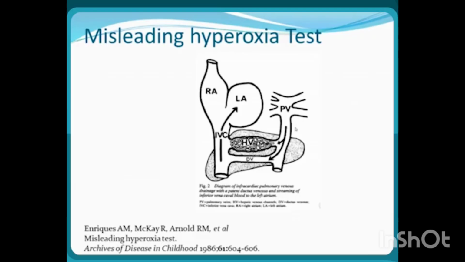But after a few days the patient was not improving, and they repeated the hyperoxia test. At that time PO2 was lower, and then they did the echocardiography and found out this was infracardiac TAPVC, because the ductus venosus was now closed. So there are a few instances that will mislead the hyperoxia test. Otherwise the hyperoxia test is very accurate.